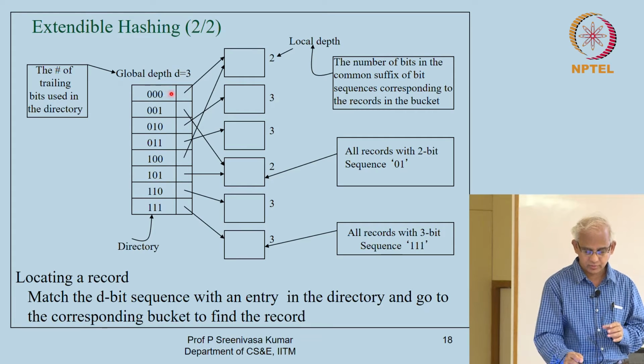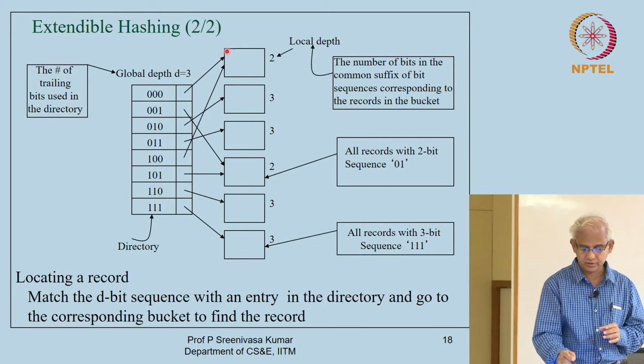So, for example, here let us say there is an insertion and a new record comes into this particular bucket. What we can now do is to split this bucket.